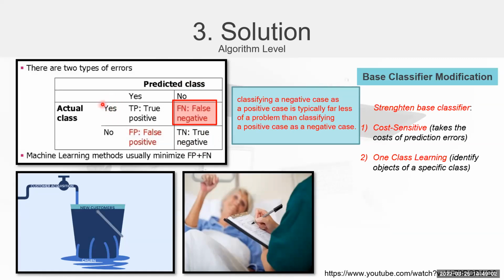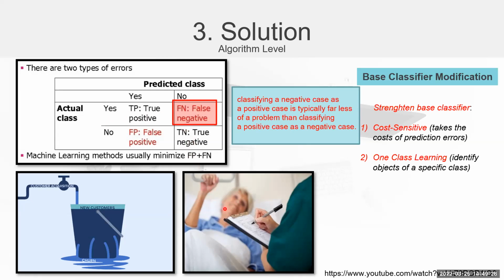This is a churn, but we predict that the customer is not churn. We don't want that, because it is very dangerous.